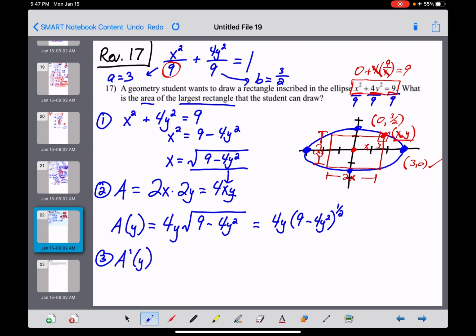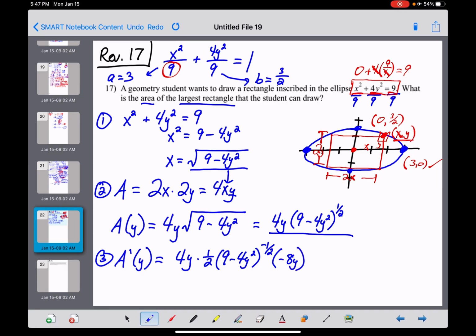A prime of y is going to be the derivative of this expression here, which is going to require the product rule. First factor, 4y, times the derivative of the second. That's a 1/2, same base now, 9 minus 4y squared to the negative 1/2 times the derivative within, which is a negative 8y.